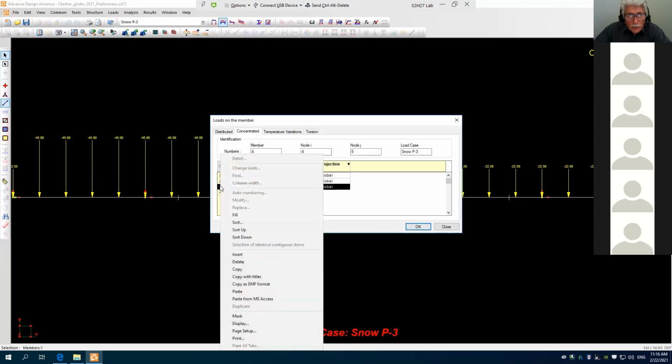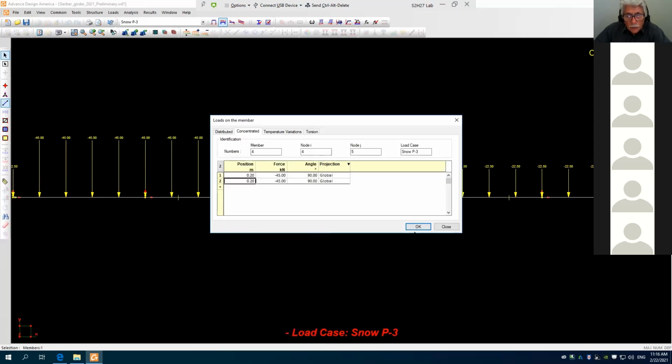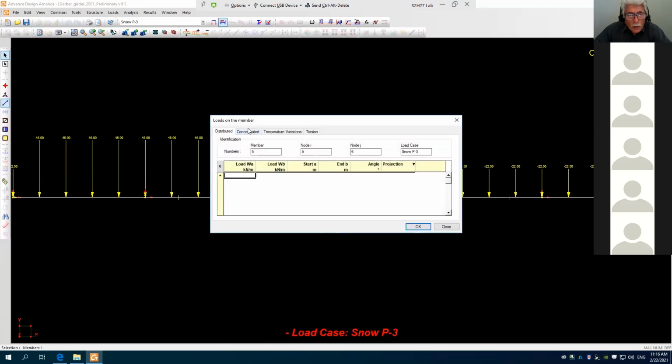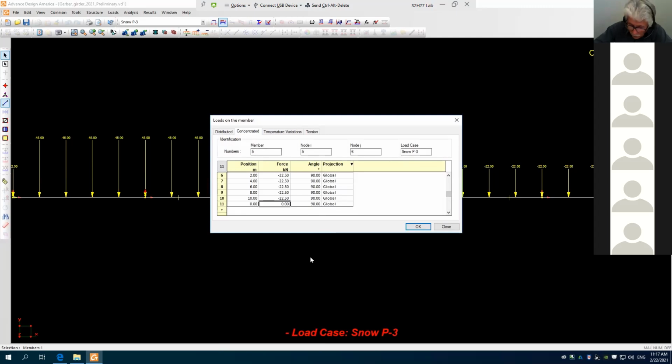That's what I understand. I understand what ADA did here. Delete this. I have nothing there, and I come back to this one here, and at 0, I should add minus 45.